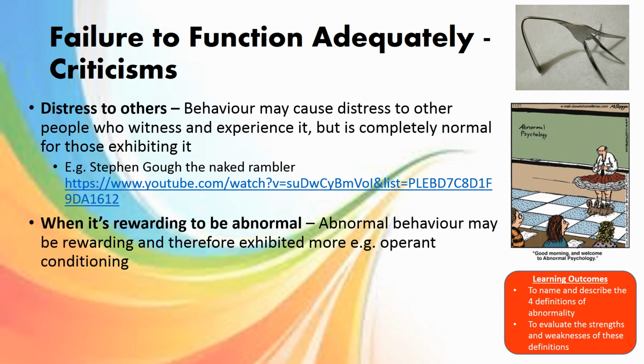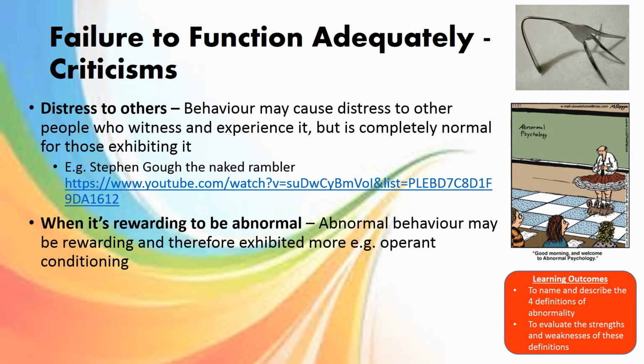There's also the fact that it can be rewarding to be abnormal. This follows the behaviourist principles of operant conditioning, in that people might find abnormal behaviour rewarding and therefore it is exhibited more. Think of people who belong to different social groups, like goths or vegans.